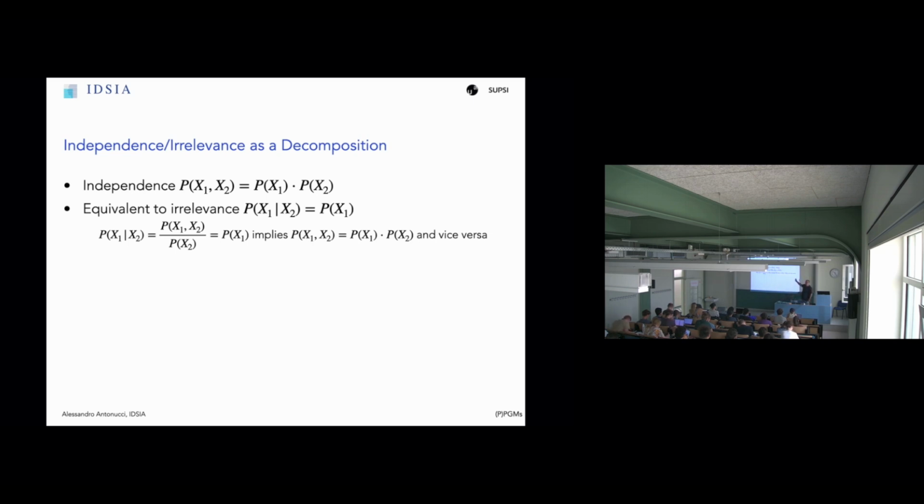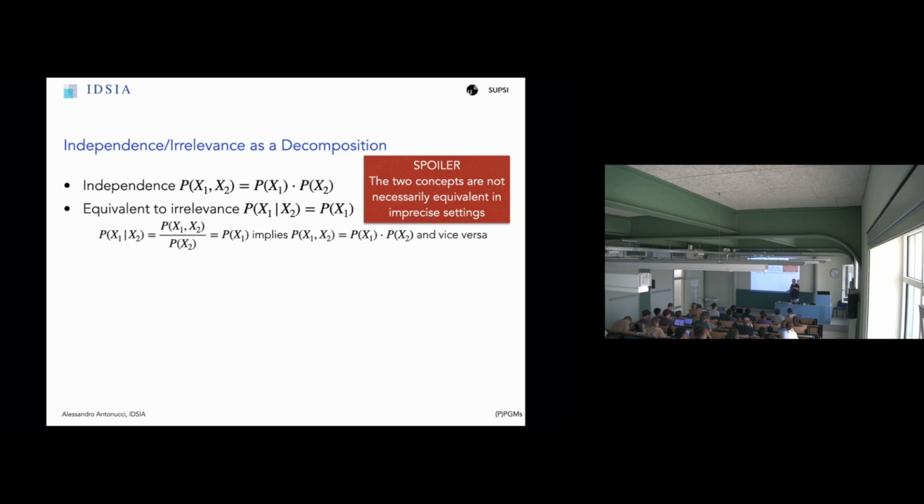This is what we call irrelevance. In the first line, this is what we call independence, but the two concepts are equivalent in this setup. Okay, and this is just very simple algebra. And you can see also that independence is clearly symmetric. Irrelevance is symmetric because it's equivalent to independence.